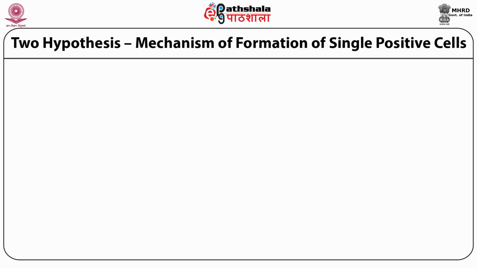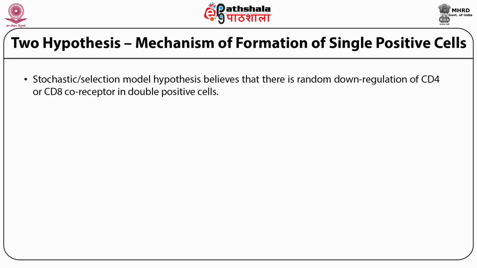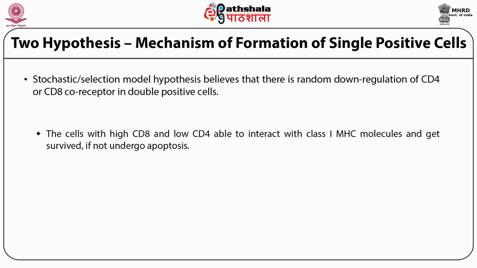Another hypothesis is the stochastic or selection model hypothesis. It believes that there is a random downregulation of CD4 or CD8 co-receptor in double positive thymocyte. So, a cell with high CD4 and low CD8 is able to interact with class 2 MHC molecule and survives.